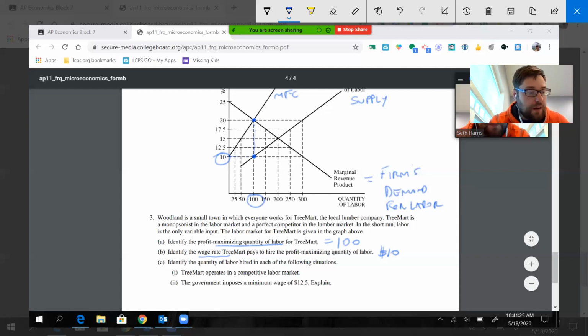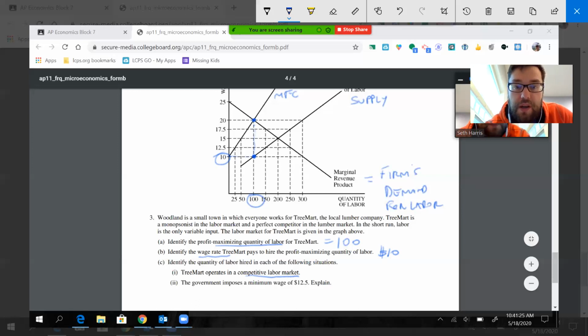Okay, let's go on to part C. Identify the quantity of labor hired in each of the following situations. Tremart operates in a competitive labor market. So now take away the monopsony aspect of this question. On this graph, where would this firm hire if the market was competitive?